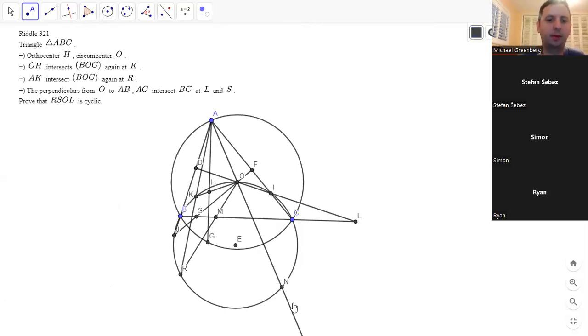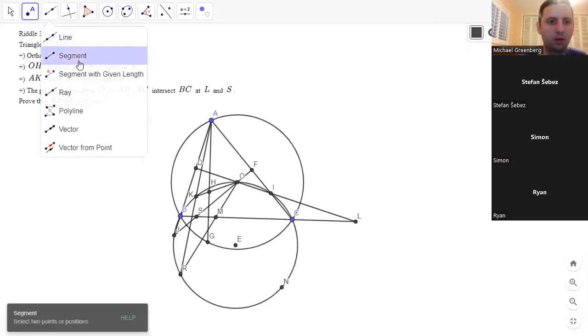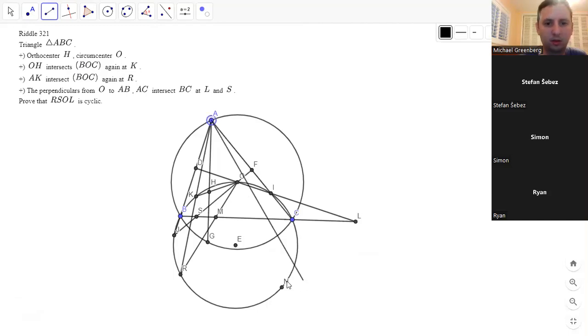So K, M, and N would be collinear. Yeah, yeah. Okay. But in the problem, it wasn't stated with this Euler line. You had to notice the Euler line and some stuff after that. But this is something which was needed to prove. I don't know how to prove it still.